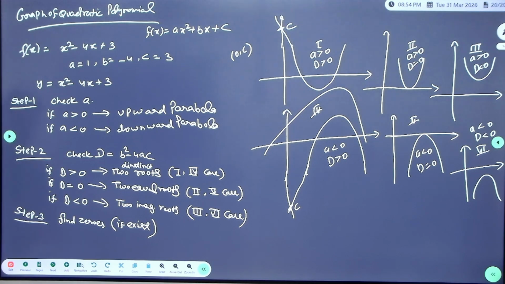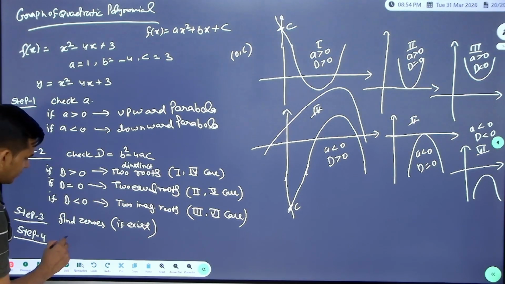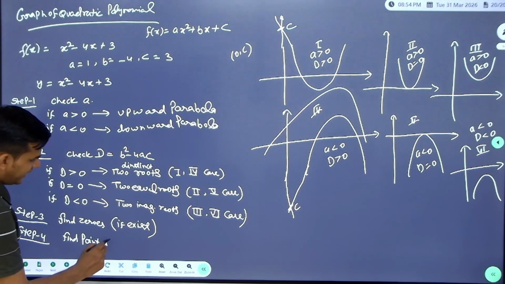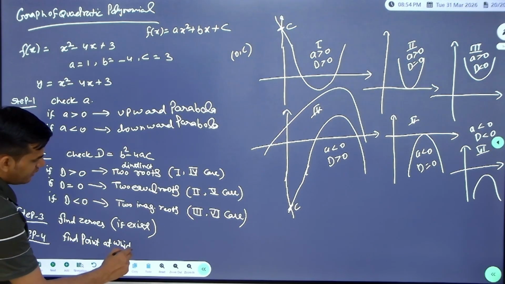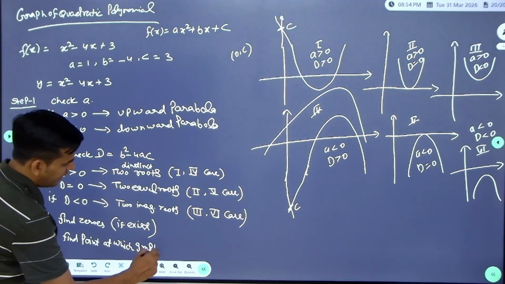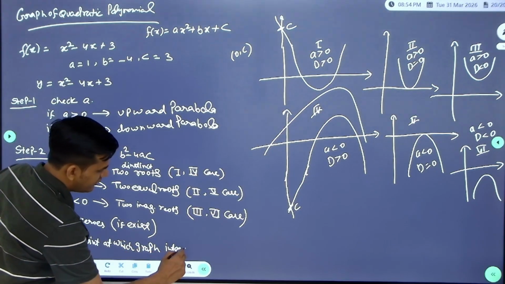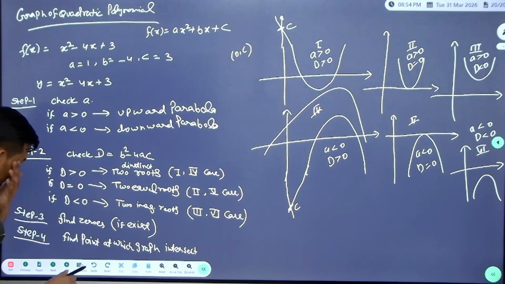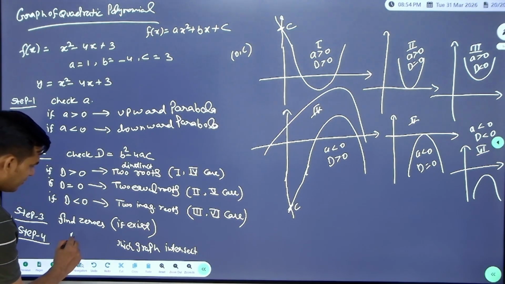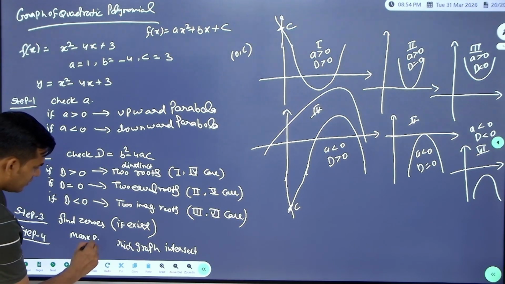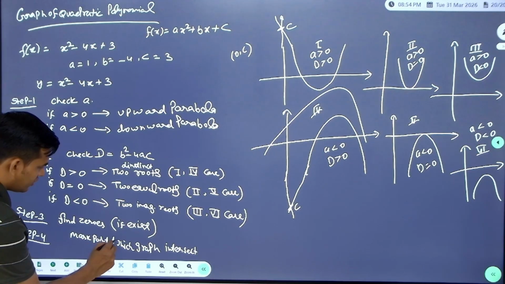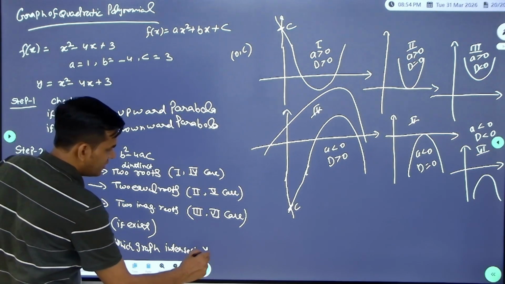ठीक है? Step 4 में, mark point at which graph intersect y-axis.